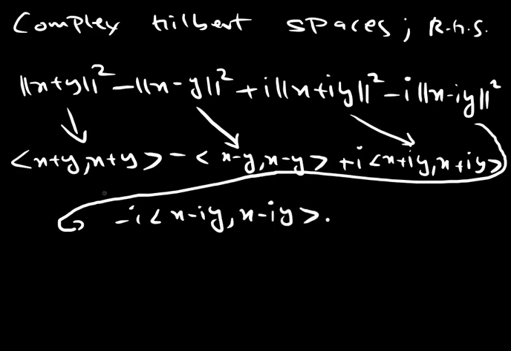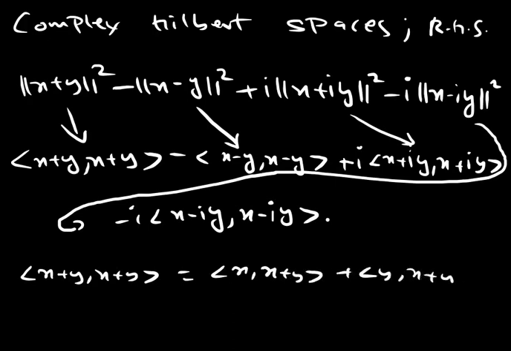So let's open this inner product. We use linearity in the first variable and conjugate linearity in the second. The first term, the inner product of x plus y with x plus y, is nothing but the inner product of x with x plus y plus the inner product of y with x plus y, which is the inner product of x with x plus the inner product of x with y plus the inner product of y with x plus the inner product of y with y.